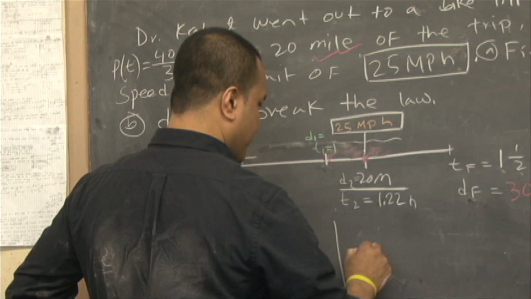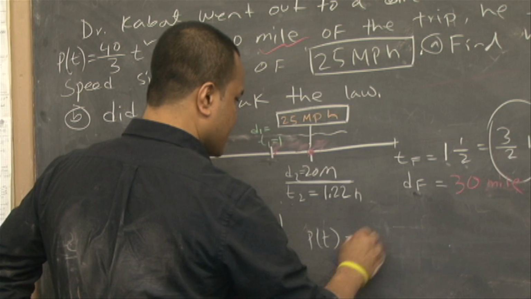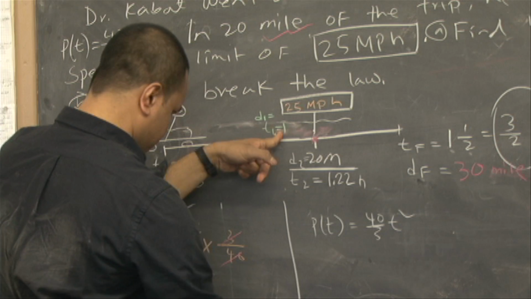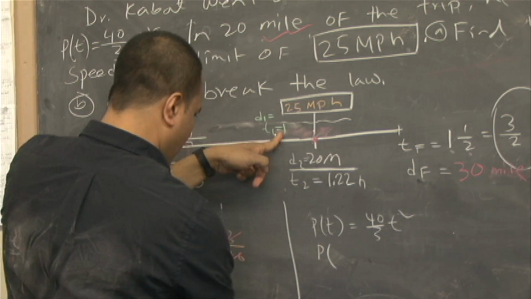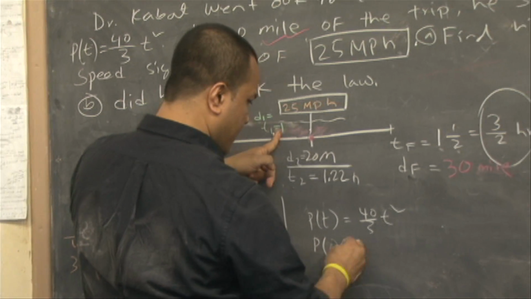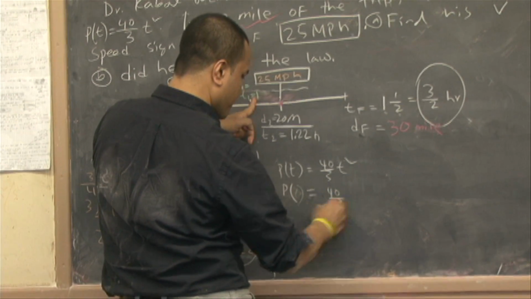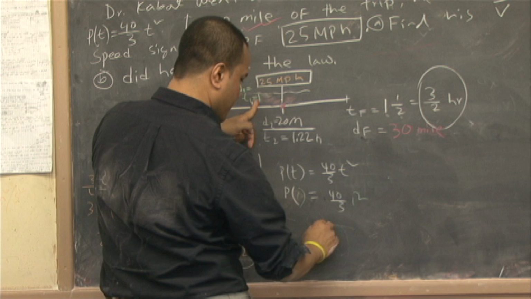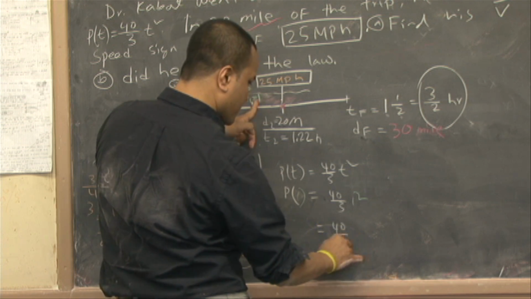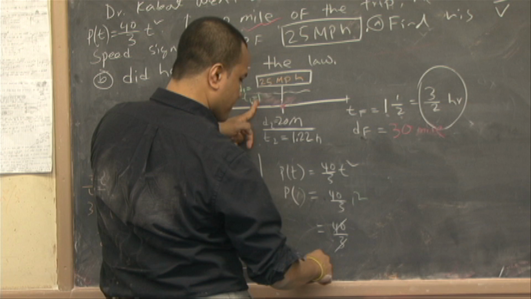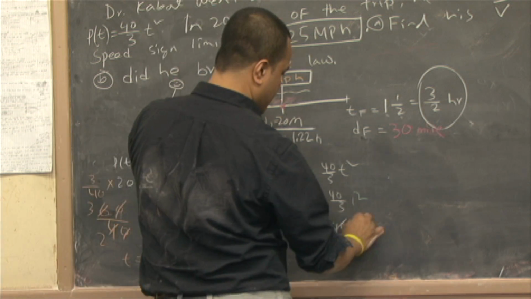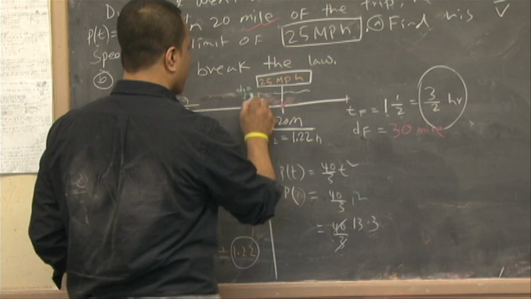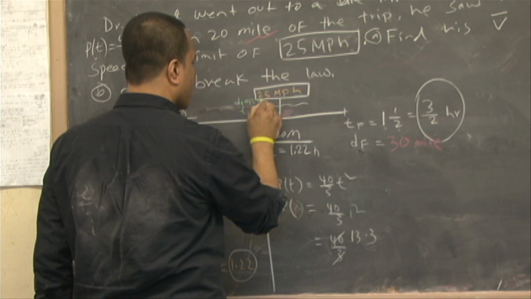So again, P(T) is 40/3 T². At 1 hour, let's see how far he came. 40/3 times 1 squared. It's basically 40/3, which is 13.33.